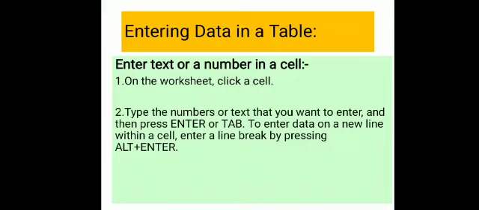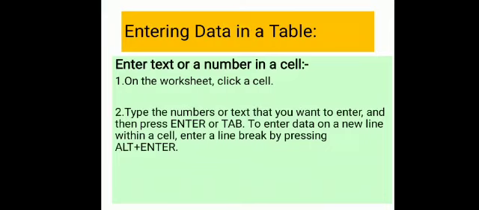Now press the Tab key to take the insertion point to the next cell. Means for moving towards the next cell, next column, you will use the Tab key. Okay. And to move the cursor to insert data in other cells, you can use either the mouse or the arrow keys. Okay. Now after typing data in the table, click anywhere outside the table.